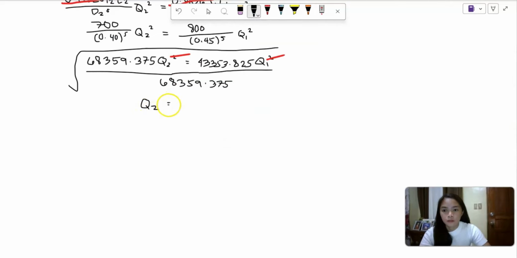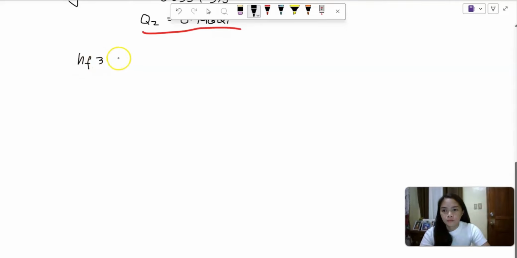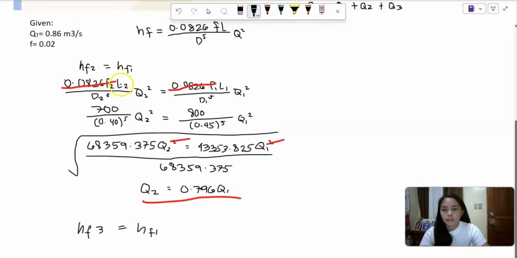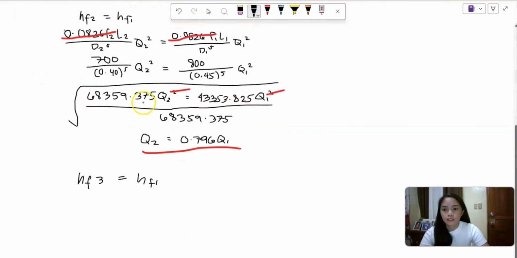Next, head loss in pipe 3 is equals to head loss in pipe 1. Same here, length and diameter only will be plugged in.